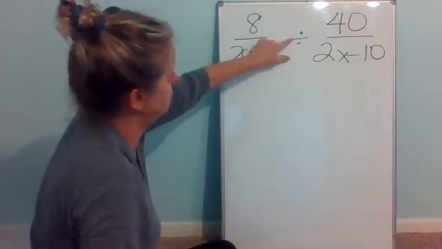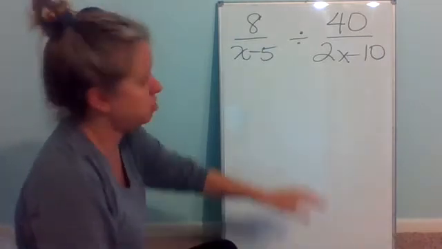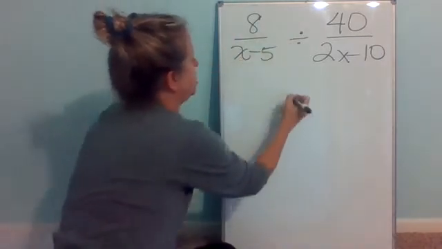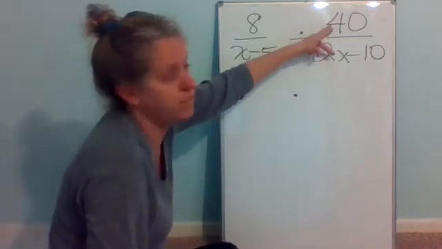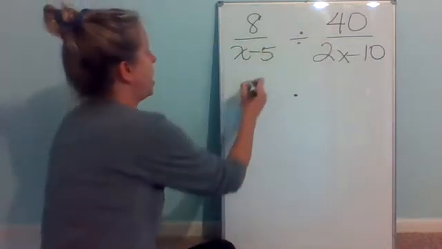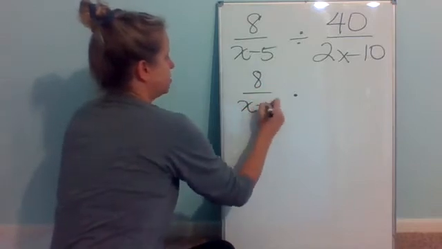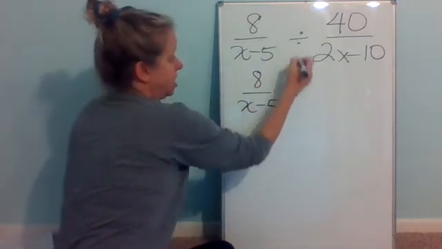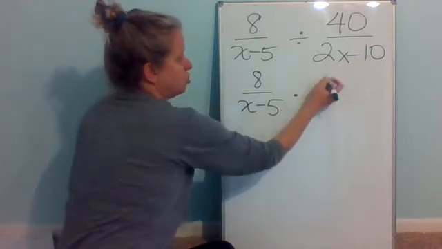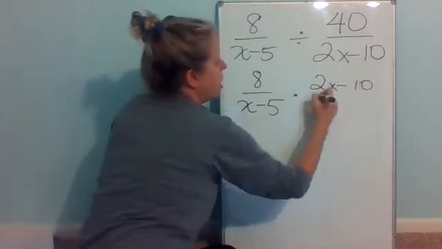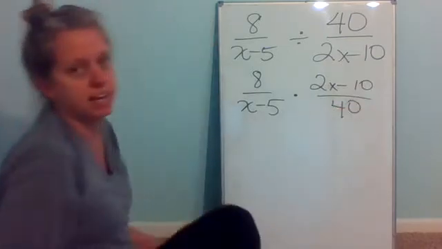Okay, first of all, it's division, which means my first step is to change that to multiplication and flip this fraction. So I have 8 over x minus 5, change division to multiplication, put the bottom into the top. So 2x minus 10 over 40.